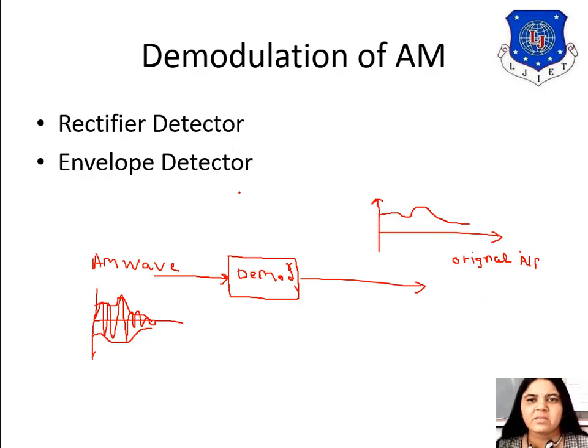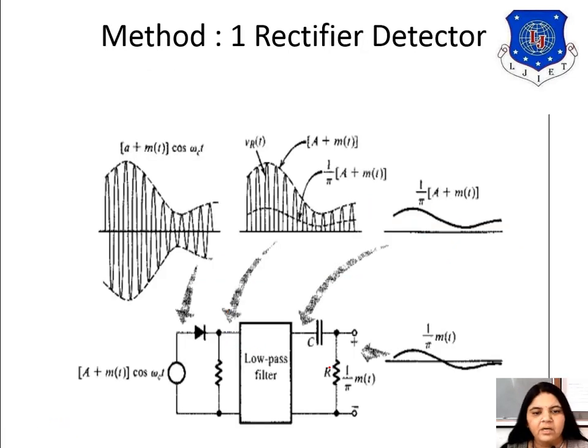There are various types of demodulator. Mainly we will discuss two types of demodulation. One is the rectifier detector and another one is the envelope detector. Now here is the diagram of the rectifier detector. This is our AM output, the amplitude modulated output.